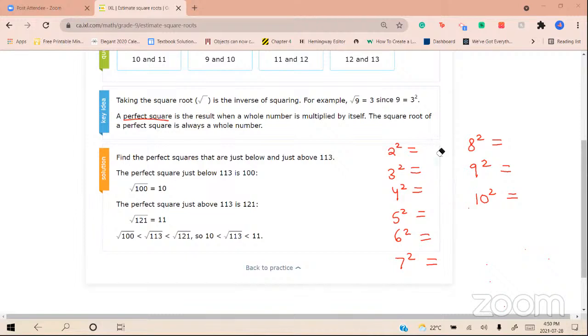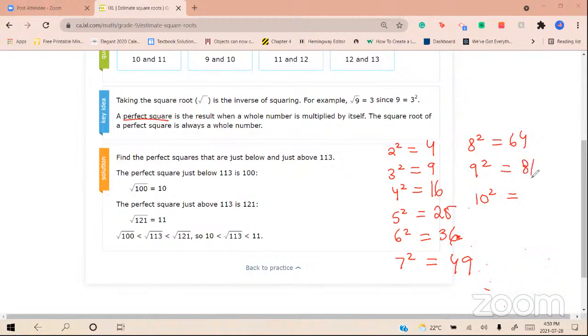Yeah. Okay. So 2 squared is 4. 3 squared is 9. 4 squared is 16. 5 squared is 25. 6 squared is 36. 7 squared is 49. 8 squared is 64. 9 squared is 81.